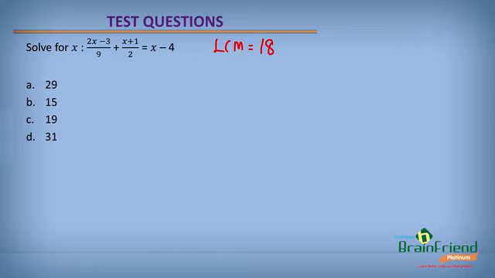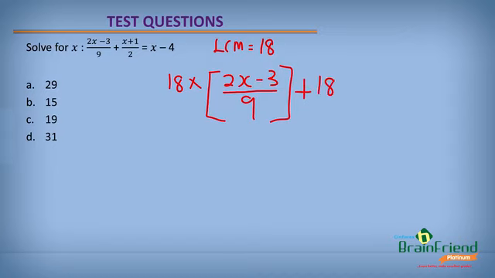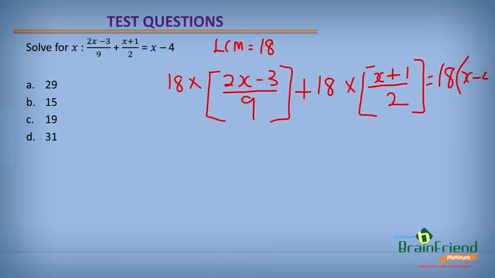So we have 18 times (2x minus 3) over 9, plus 18 times (x plus 1) over 2, equal to 18 times (x minus 4).